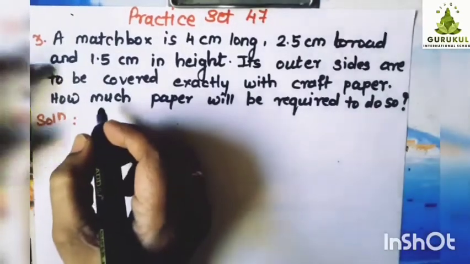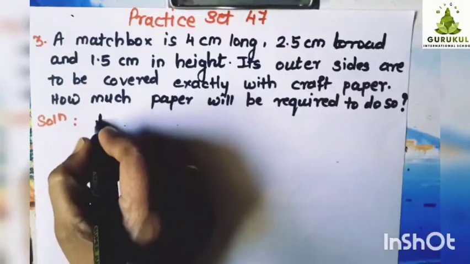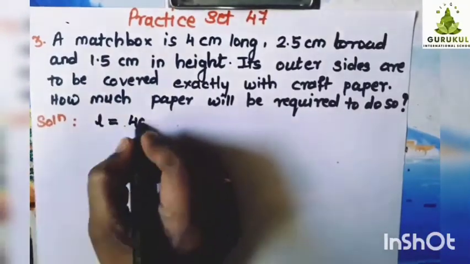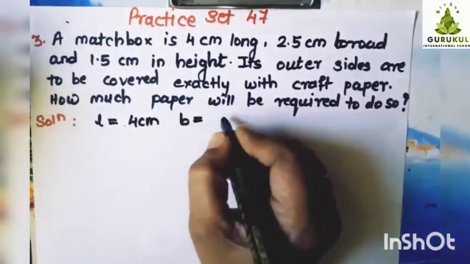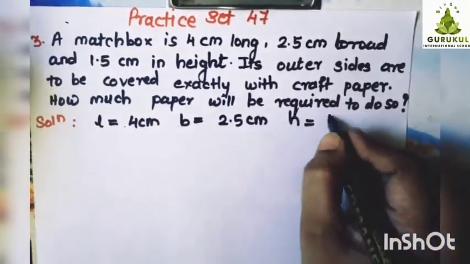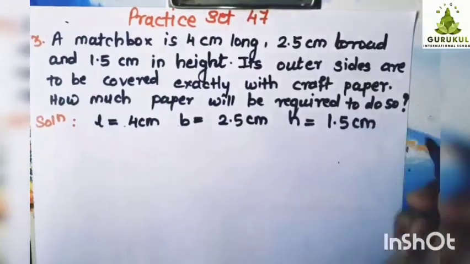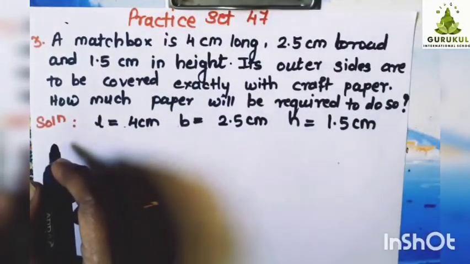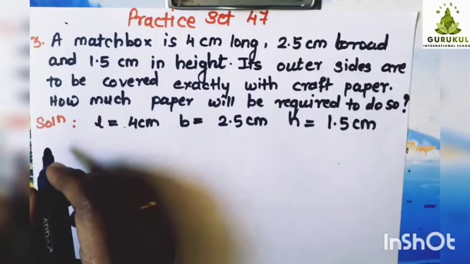Therefore we will first write down the given things: L is 4 centimeters, B is 2.5 centimeters and H is 1.5 centimeters. Okay, so how to find out the total surface area?